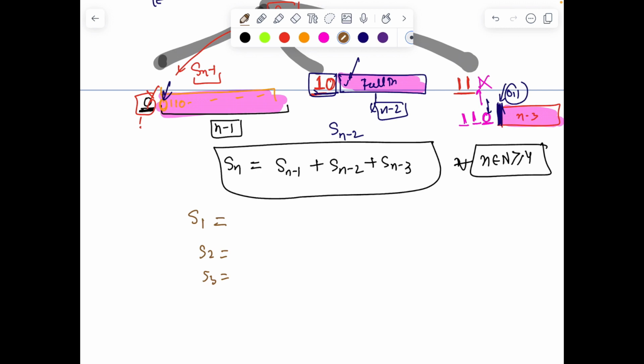Let's calculate S1. S1 means we have only 1 digit, a binary string.